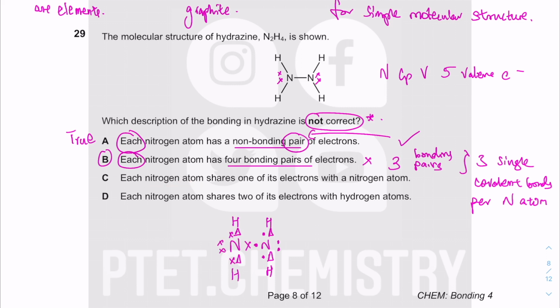Each nitrogen shares 1 of its electrons with the neighboring nitrogen, which also shares 1. That's why this is a single covalent bond. This is true. Each nitrogen shares 2 of its electrons with 2 hydrogen atoms. This is again true. And of course, we already found out that B was incorrect. B was not correct.